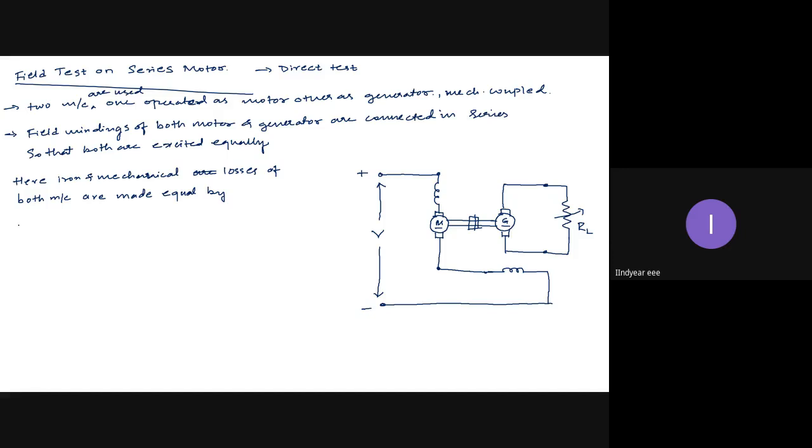First, iron losses are made equal by providing equal excitation, by connecting the generator field in series with the motor.